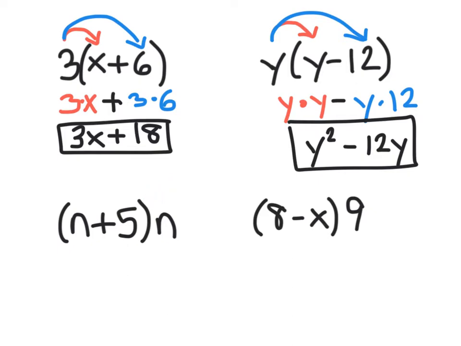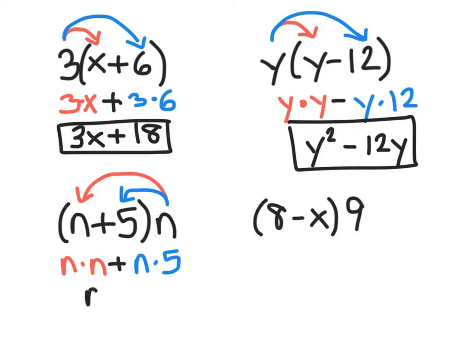We're going to multiply the factor on the outside of the parentheses with each part on the inside of the parentheses. So n times n plus n times 5. Simplifying, n times n is n squared plus n times 5, which is 5n.